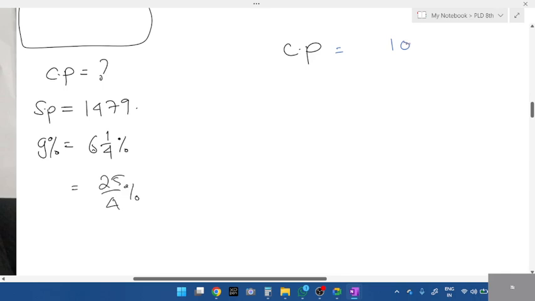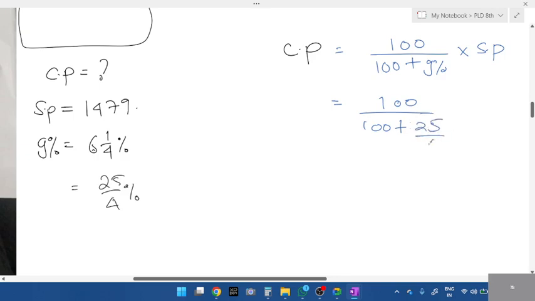Check what did I give? 100 divided by 100 plus gain, into SP. Very good. Tell me the value: 100 divided by 100 plus what is gain? 25 by 4 into 1.